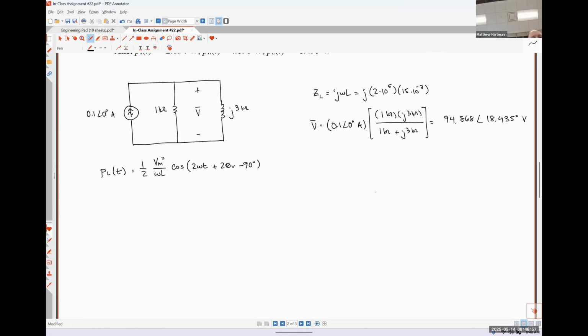And now I'm going to explicitly write out how I'm going to plug this into my calculator, okay? So there's my 1/2. What's VM in this case? 94.868 volts.